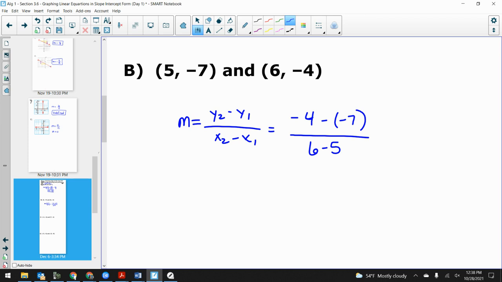Okay, -4 minus -7. That's +3, because it would be -4 plus 7. 6 minus 5 is 1. Okay, the slope is just 3. Again, if you wanted to leave it as 3/1, that's completely fine.